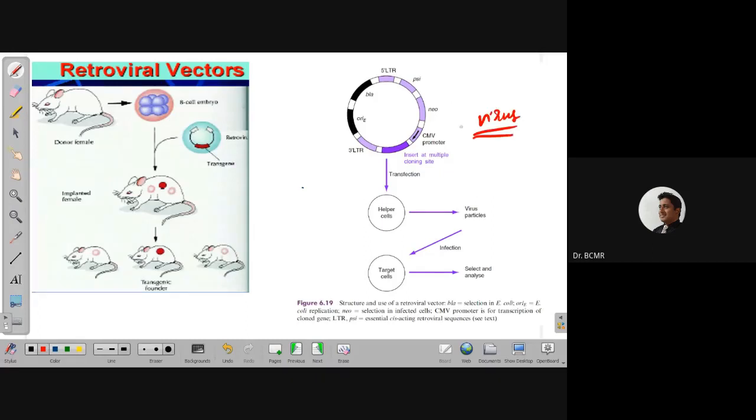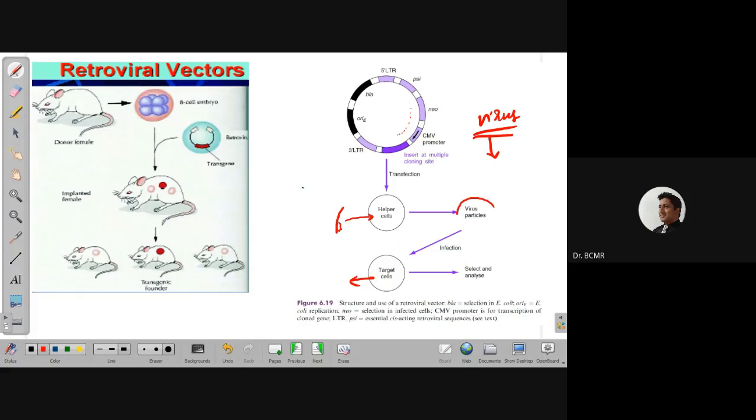If the viral vector had all the genes responsible for making the capsid proteins and all those things, the target cell infected with it would be a problem. But we remove all the elements required for capsid formation, replication, and other things, and we provide those genes through the helper cells.